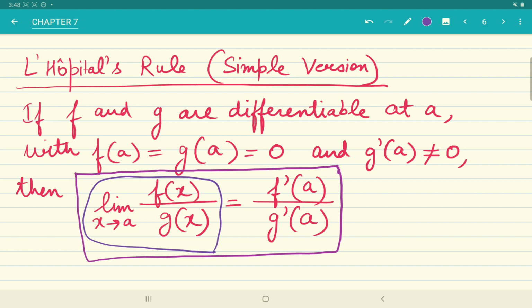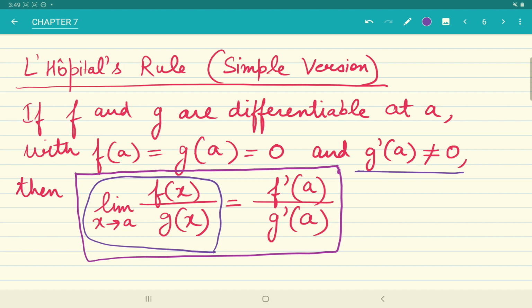Now, because g prime a is 0, we have to note that we can't actually use this argument, because the argument in fact breaks down. This is what is required here. If f prime a and g prime a are both equal to 0, then we can't apply this argument. So the argument breaks down. In that case, what do we do? We differentiate once more both the numerator and the denominator separately.